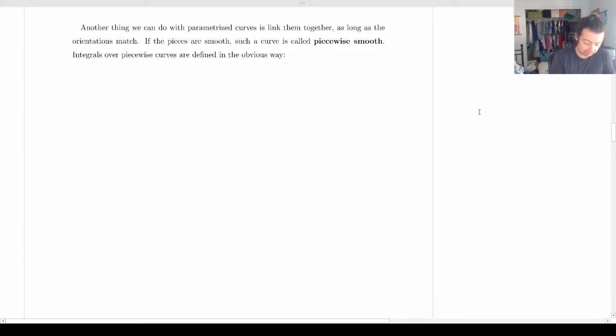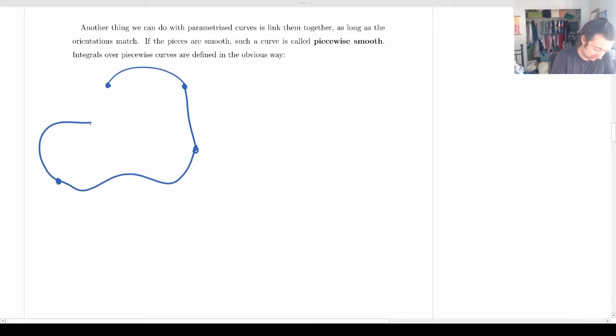Might be something like this, right? So you could have maybe a smooth curve and then a corner, and then another smooth curve and then a corner, and another smooth curve and then a corner, and another smooth curve. So this would be called piecewise smooth.